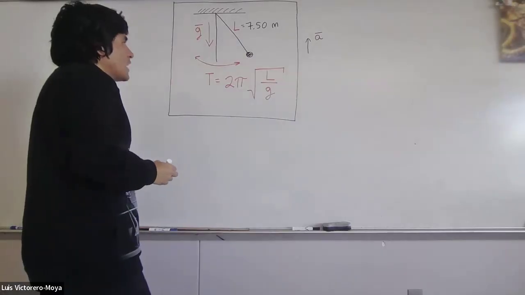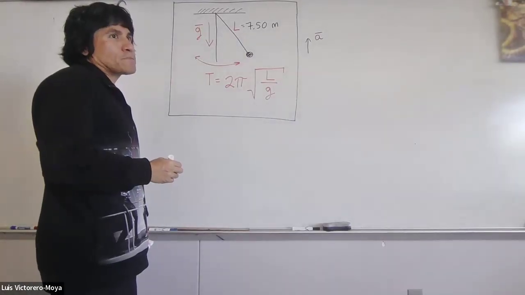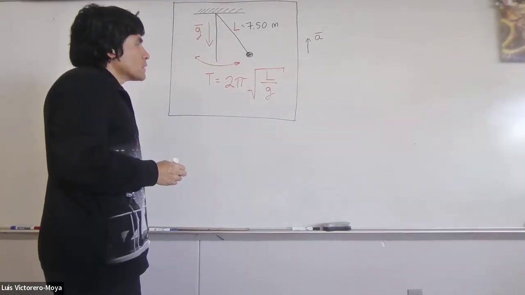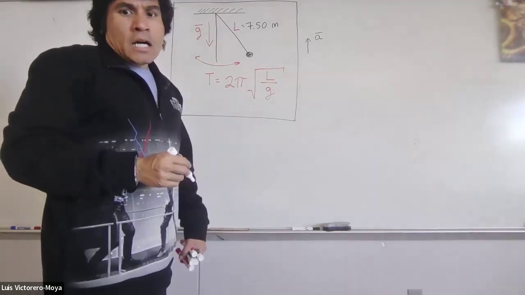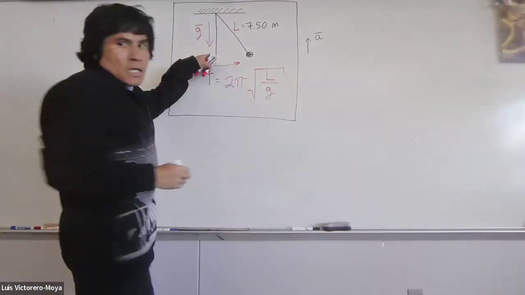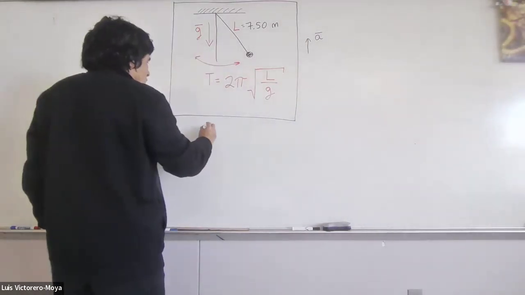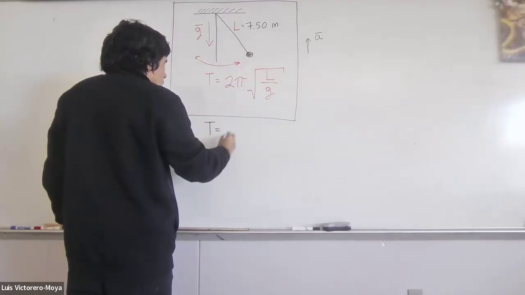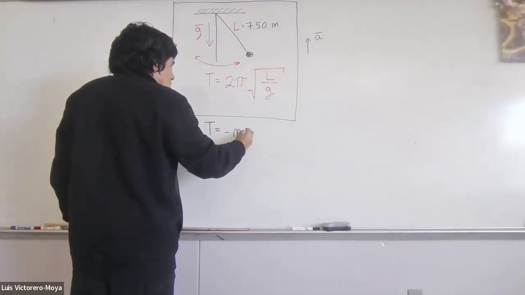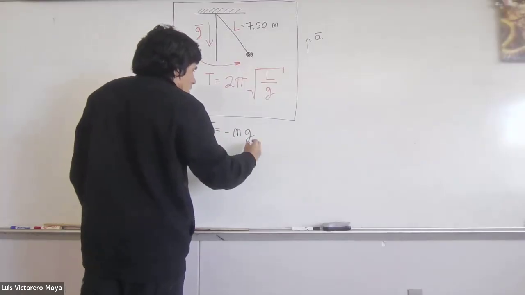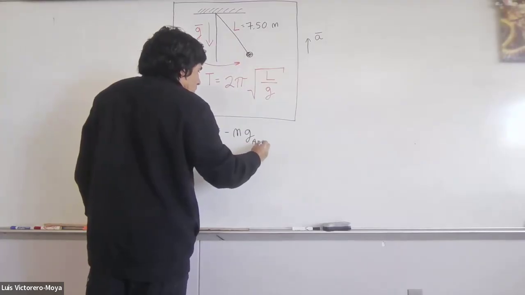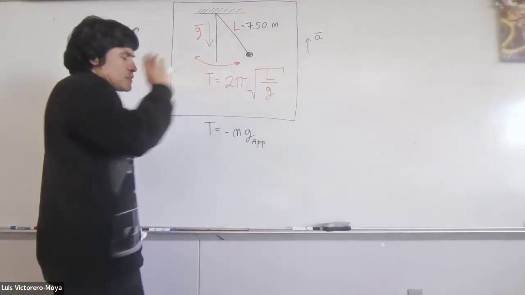So you have to think in terms of forces, right? If there is no acceleration, tension equals negative m gravity. And we call that the apparent gravity, okay? There's no acceleration, it's just that.